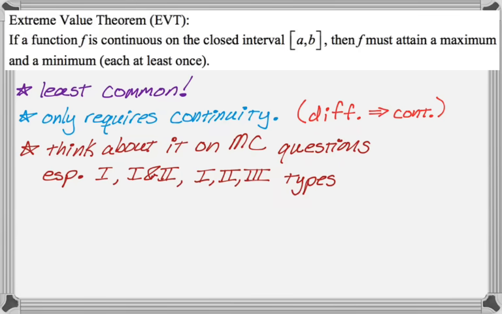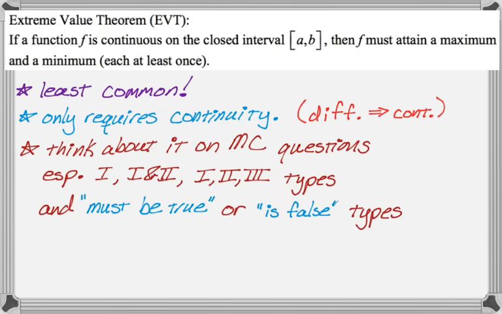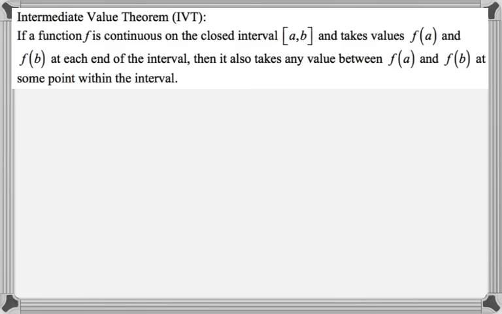But since we know the theorem, not a problem. It also comes up a lot on those questions that are like, which of the following must be true, or which of the following is false or could be false. And I think this theorem is pretty much common sense, which is why it's the least commonly mentioned of the theorems.